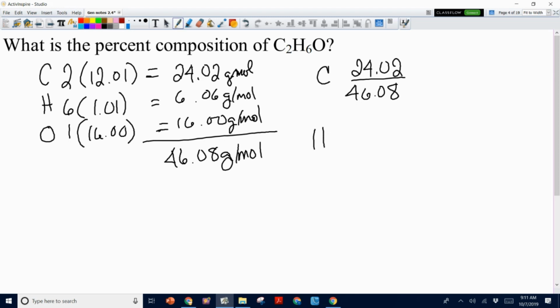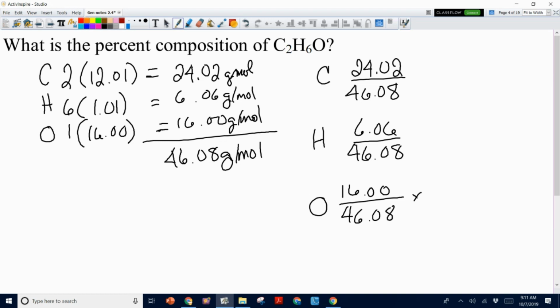For hydrogen, we're going to take the part divided by the whole. And for oxygen, we're going to take the part divided by the whole. And we're going to multiply each one of these by 100 to get them into a percent. And that's going to be our percent composition.